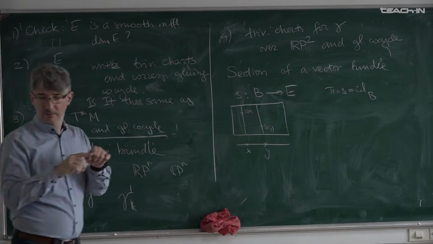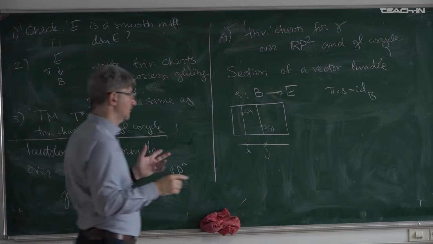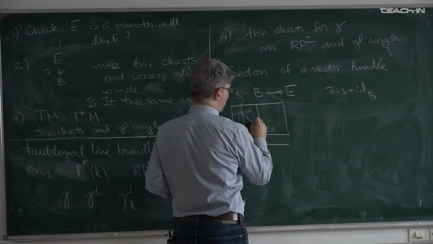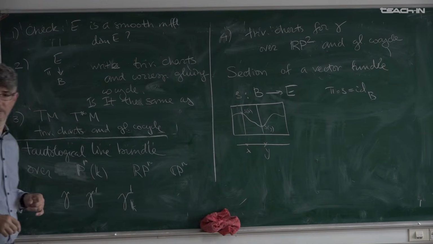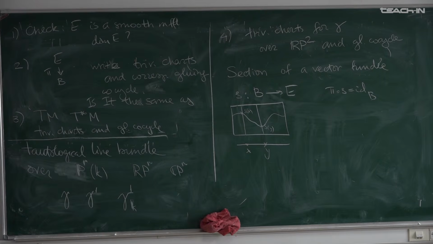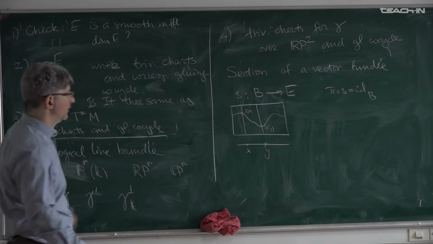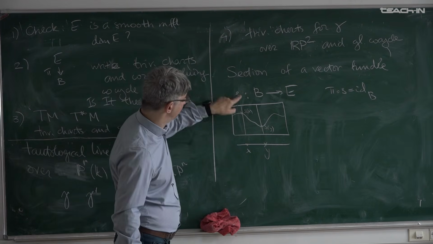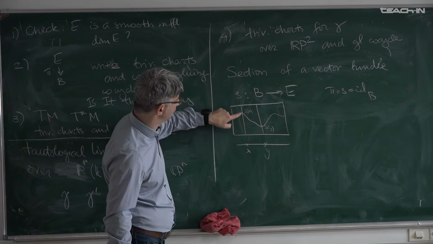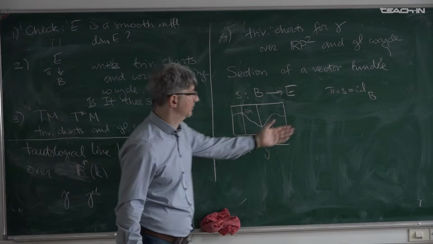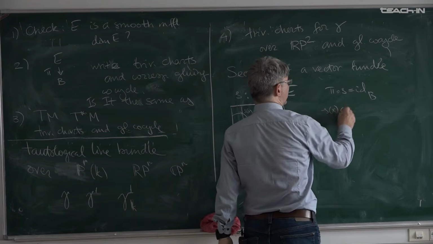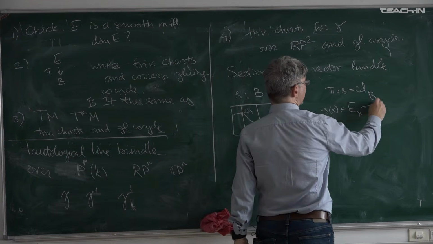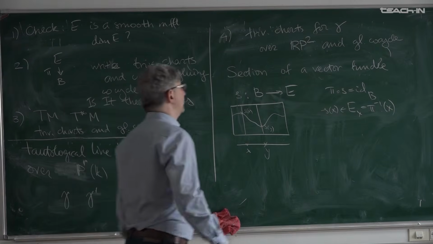And the section can be very strange. If you move the point along the base, the section could be of any form, with the only exception that the value of the section at the point X should belong to the fiber of the point X. This is written here: S of X belongs to the fiber over point X. This is the notion of section.